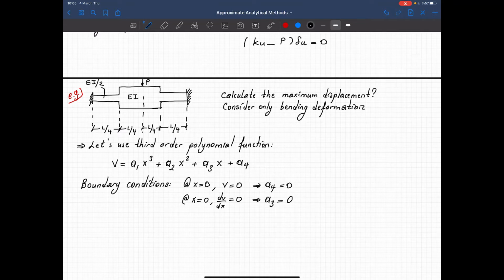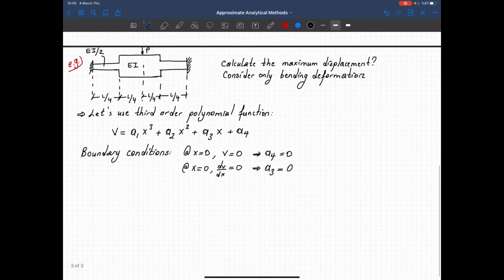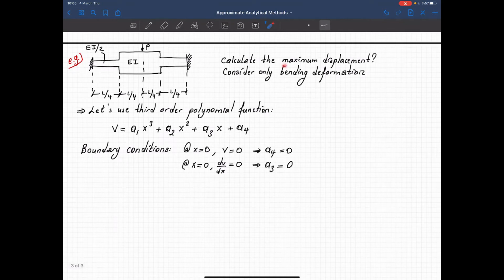Okay. Now, I'm interested in the maximum displacement. So I know that that's a symmetrical structure, so I will see a deformed shape in this form, and I'm interested in calculating this displacement only, Vmax, and this displacement of course is under the applied point load.